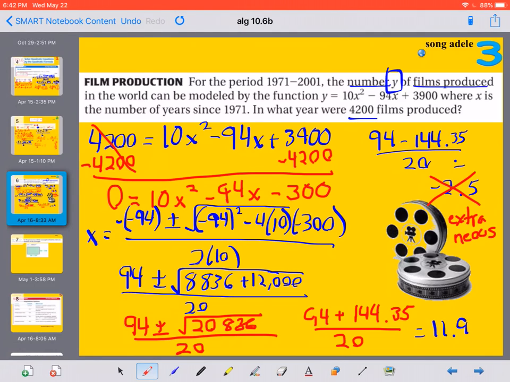I know 11.9 must be our answer. So it's years since 1971. So I'm basically going to add 12 to that. It's going to be about 1983. Almost 1983.